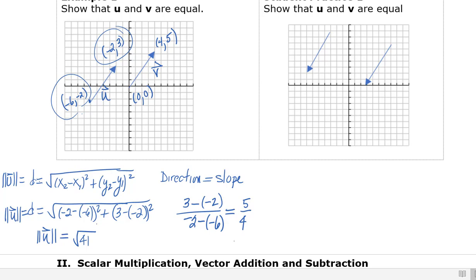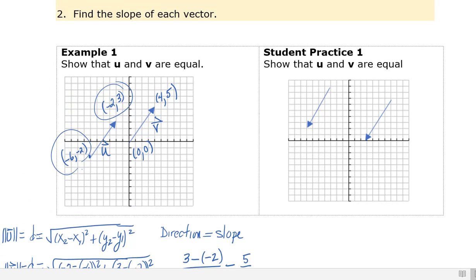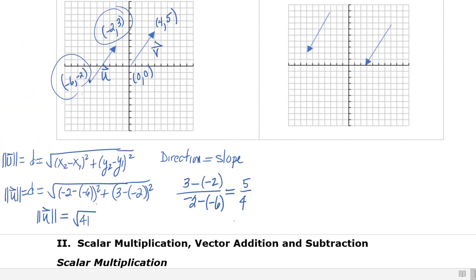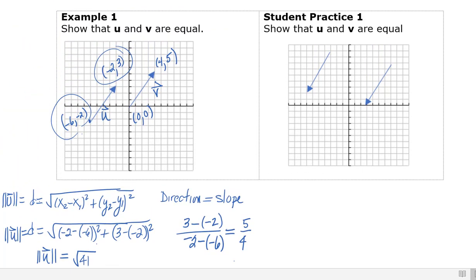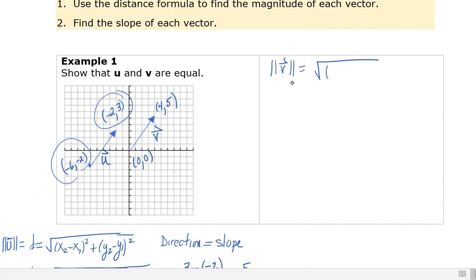Now let's do the same for vector v. The magnitude of vector v is going to be the square root of 4 minus 0 squared plus 5 minus 0 squared, which equals the square root of 41.